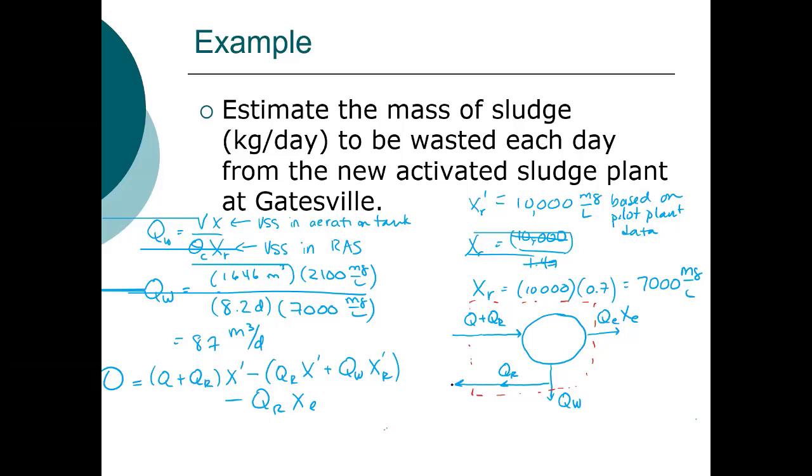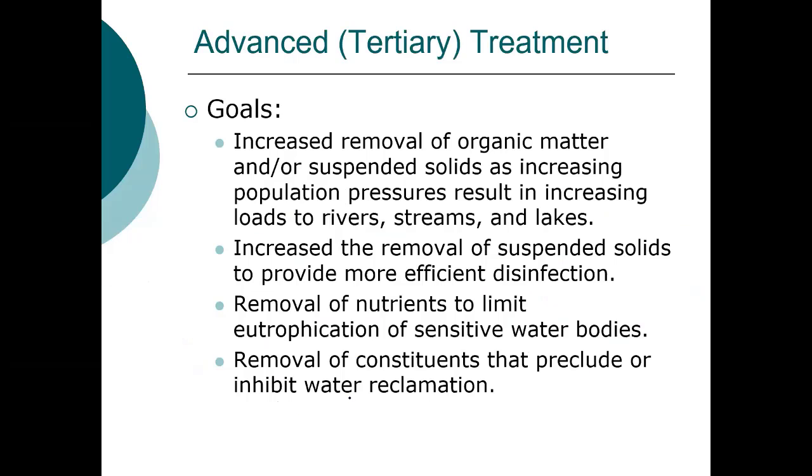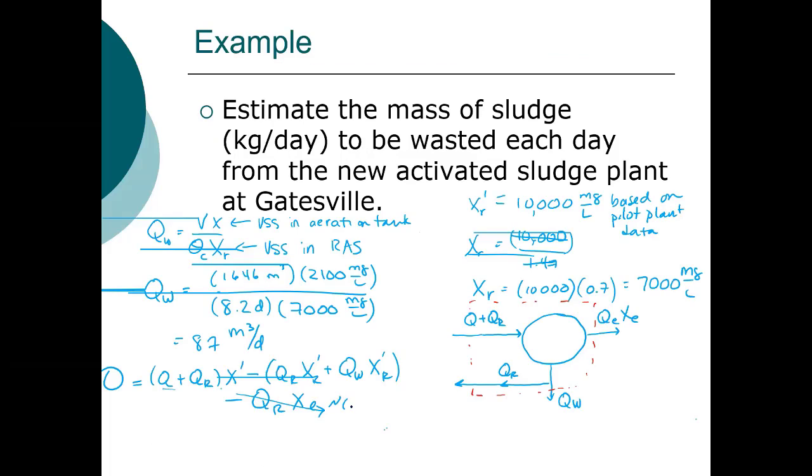We've got QR leaving. So notice we've only got one term entering, our one positive term entering is right here. We have Q leaving here. We have QR leaving, we have QW leaving, and we have QE leaving here. We're going to assume that this is approximately equal to 0 because it's small compared to the other terms.